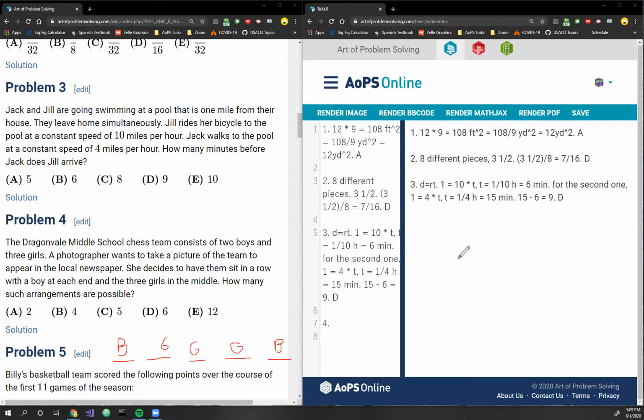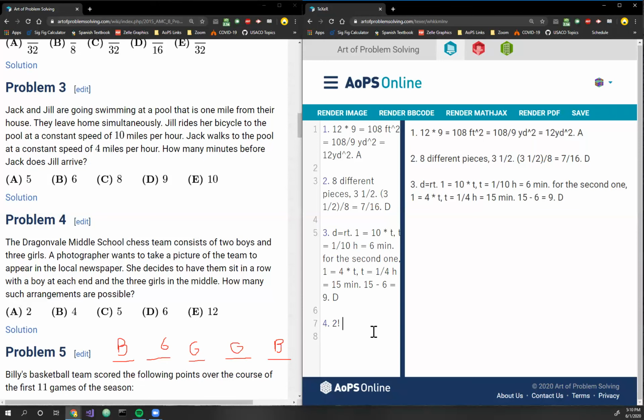Let's first consider the boys. You want to choose an ordering of the 2 boys because they're distinct, so there's 2 factorial.